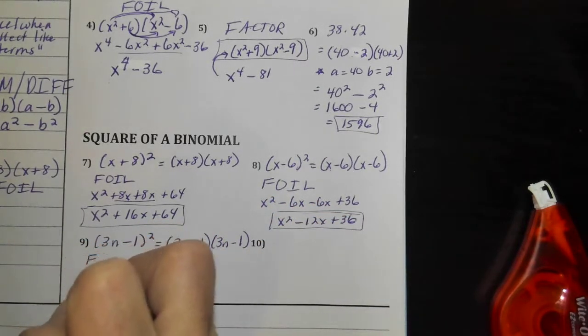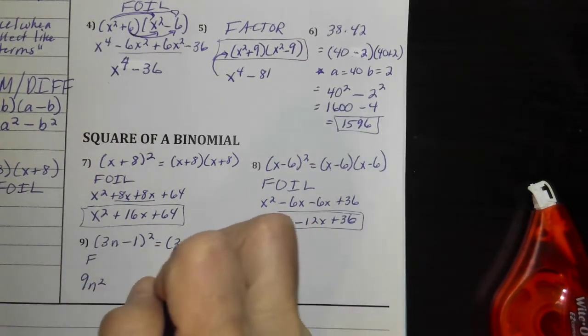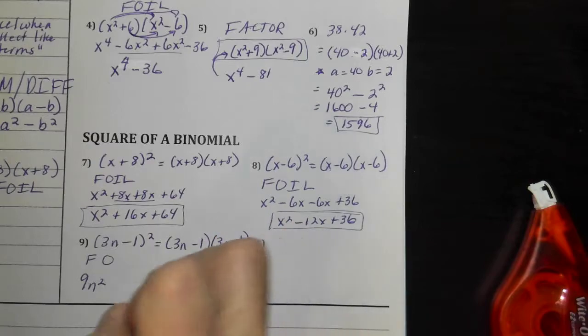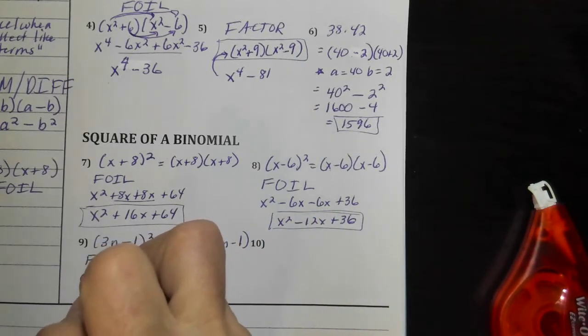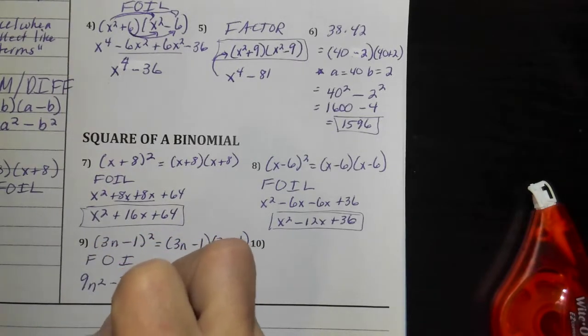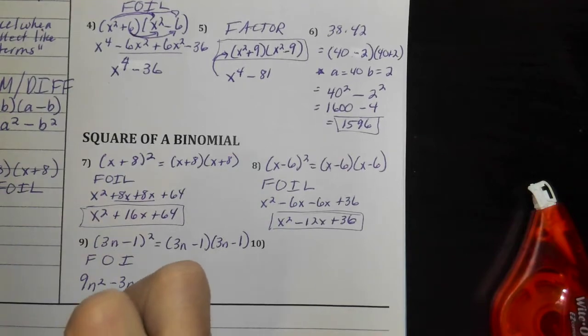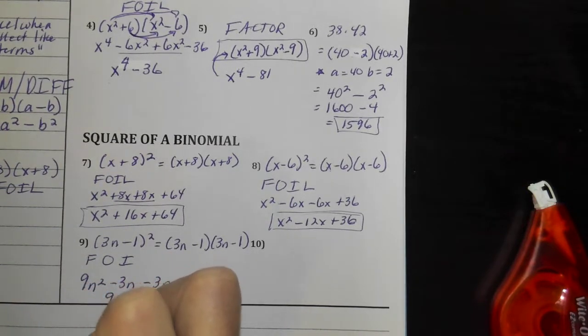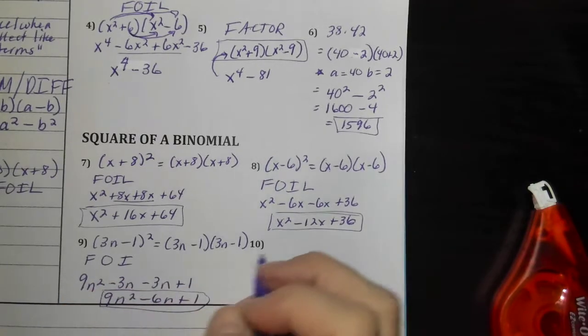So, first, 3n times 3n is 9n squared. Outside, 3n times negative 1 is negative 3n. Inside, negative 1 times 3n is negative 3n. And last, negative 1 times negative 1 is 1. So we get 9n squared minus 6n plus 1 as our final answer.